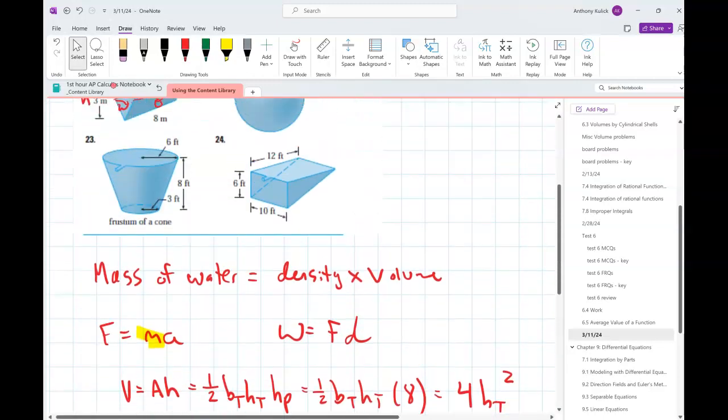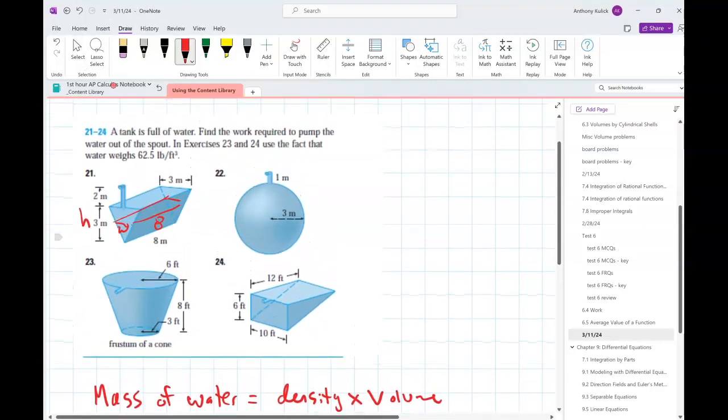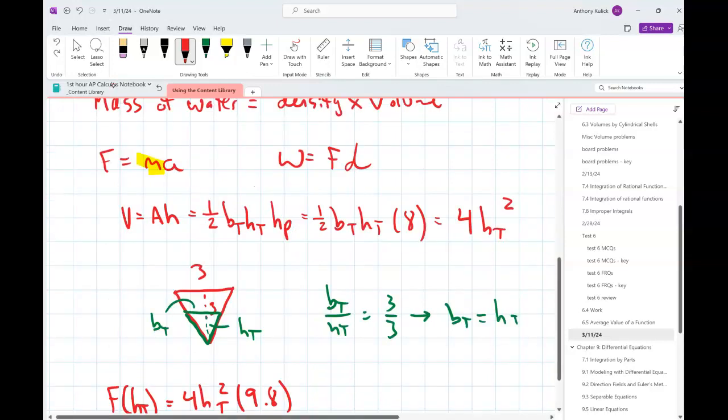But that height there is not the same as the height of the triangle, right? Because the height of the triangle at some point needs to be 0, and at some point at most could be 3. So we're going to have to do a little bit of variable adjustment there.